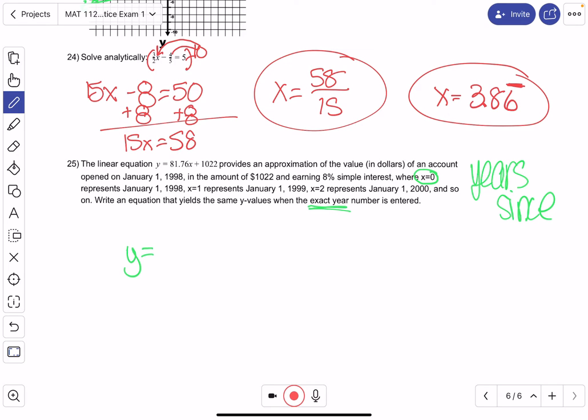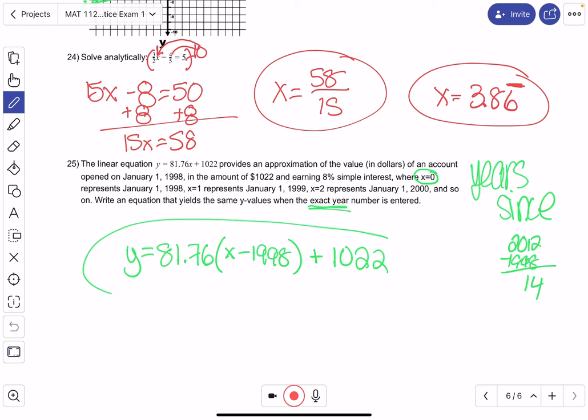So if I said it was 2012, how would you figure out what number to plug in for x? Well, since the original year is 1998, we would subtract that and figure, oh, we need to plug in 14. So we're going to use that fact to make our equation. Instead of x, we're going to do x minus 1998. So if you take the year and subtract 1998, we'll end up having the same exact equation as the original. So that's all you need to do.